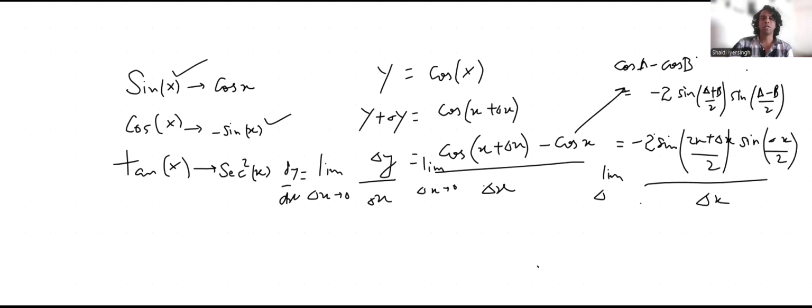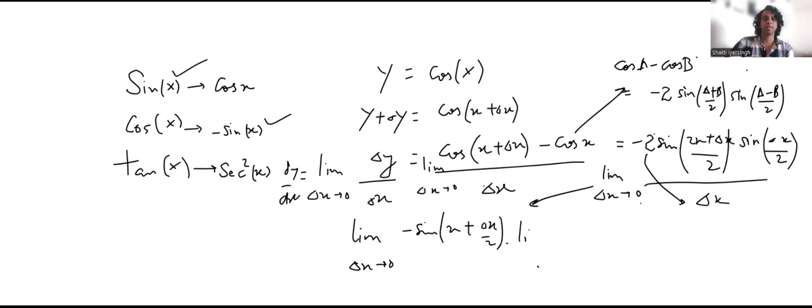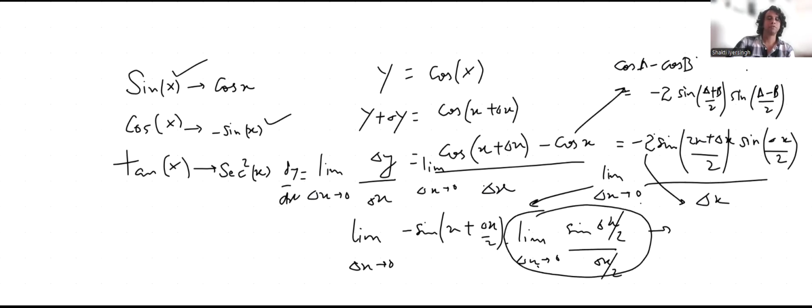Now I can take this 2 down here again. So this becomes, let's go here, limit delta x tending to 0 minus sine x plus delta x upon 2 times the other limit, delta x tending to 0 sine delta x upon 2 upon delta x upon 2, and this limit goes to 1 as we know, and hence we are left with just minus sine x times 1 or minus sine x.